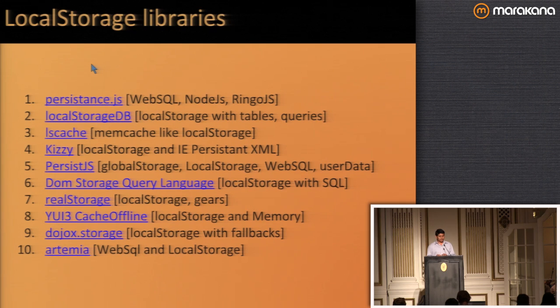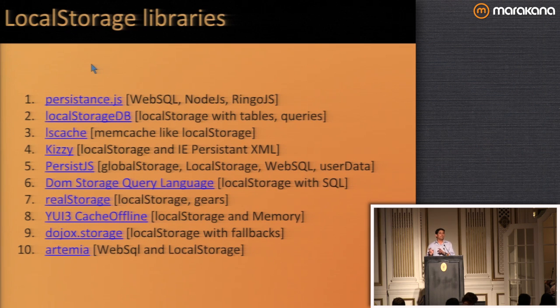For example, there is persistent.js, which does WebSQL, a little bit of local storage, and also supports Google App Engine storage or Node.js kind of paradigms. There's also the other category that does local storage with tables and queries, like localStorageDB and the DOM storage query language.